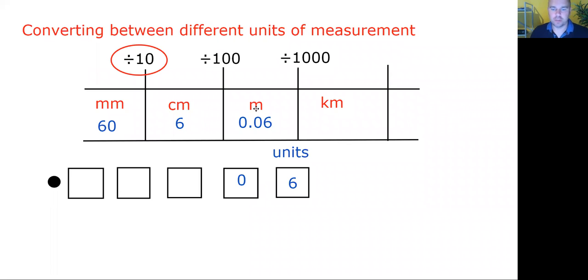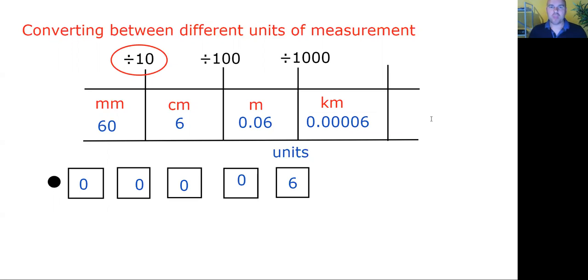Zeros. 0 goes here. 0 goes here. And a 0 goes here. So we end up with 6 centimeters is 0.06 of a meter. And that in return is actually 0.00006 of a kilometer.